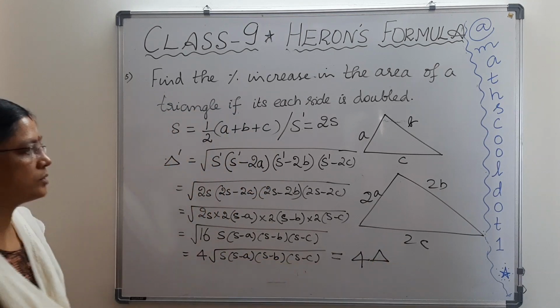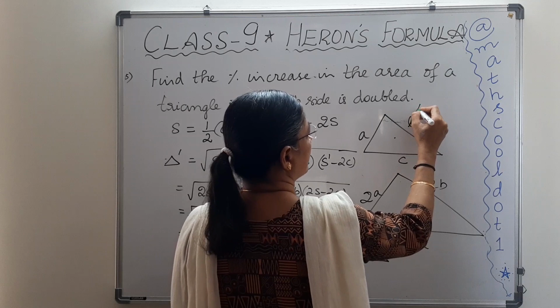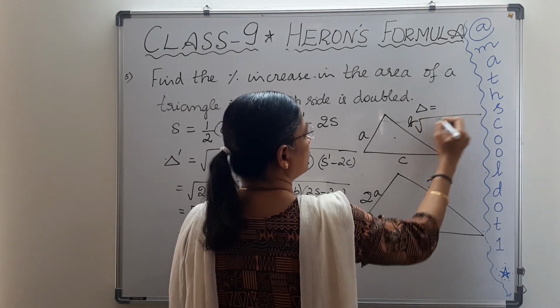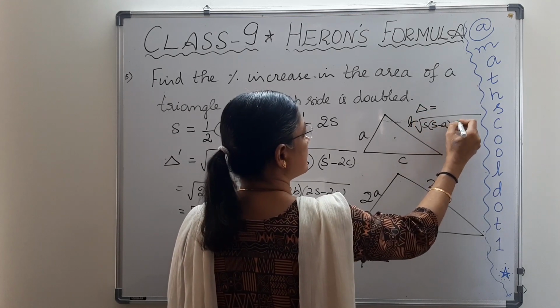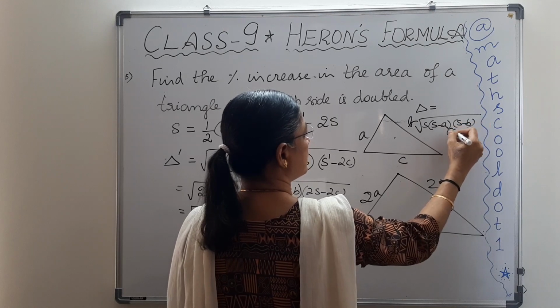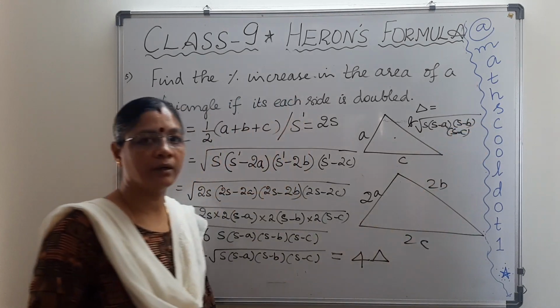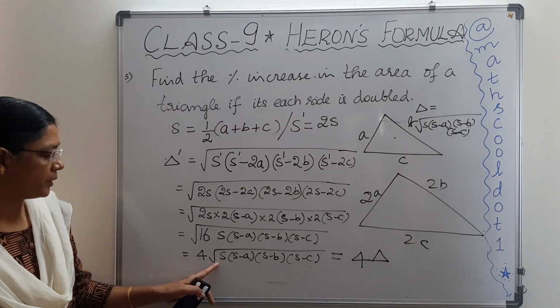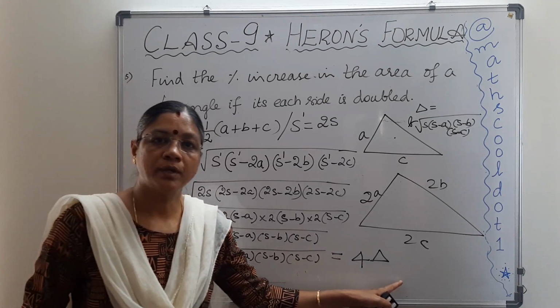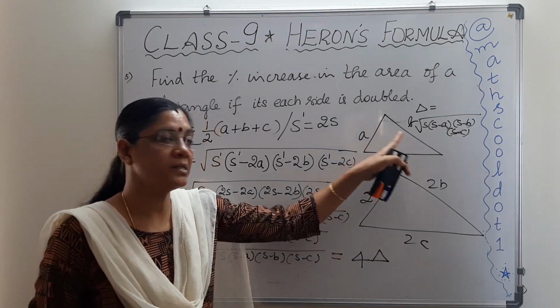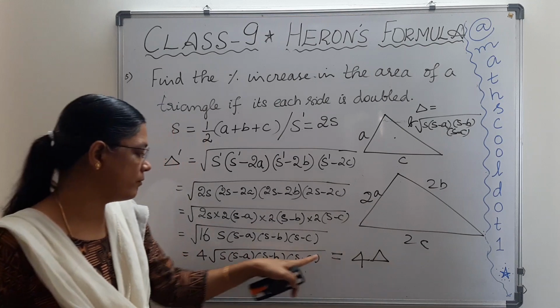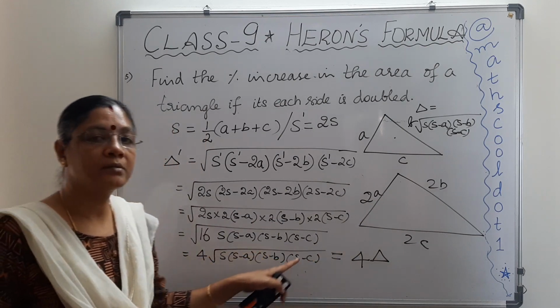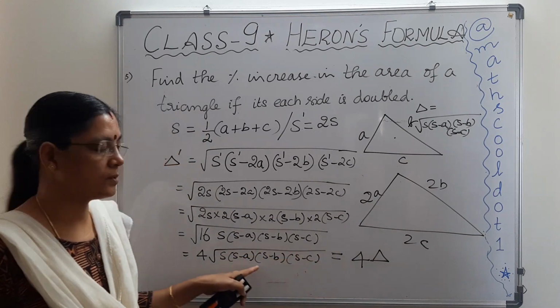So del is equal to the area of this triangle. Del is equal to root of s into s minus a into s minus b into s minus c. We know that, isn't it? Regularly we use that. So the area of the original triangle ABC with sides a, b, c is root of s into s minus a, s minus b into s minus c, according to Heron's formula.